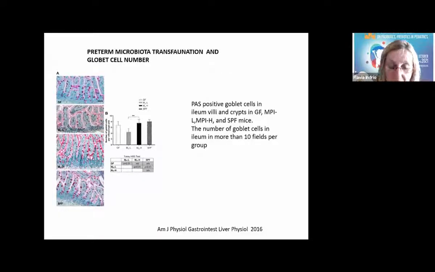So what does this mean? That again, you have a stable microbiota, you have good nutrition, and you have the possibility of going quickly and safely and directly to a good maturation. So again, how important are the goblet cells, epithelial cells.